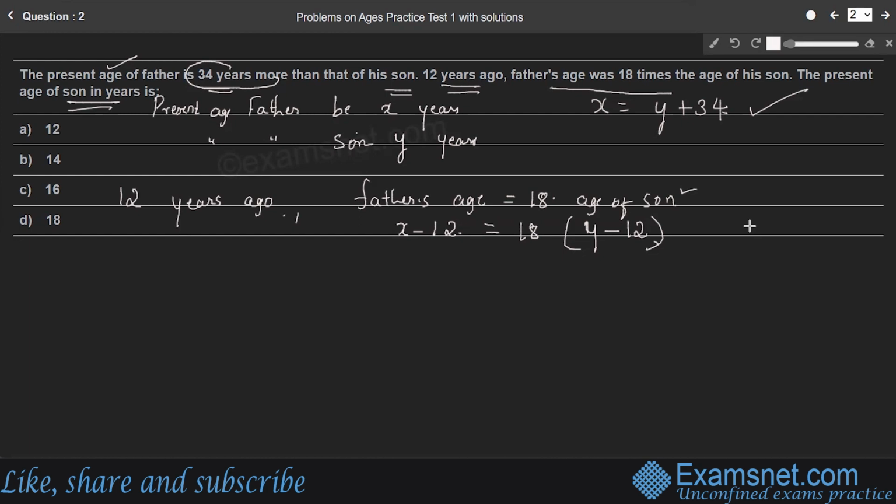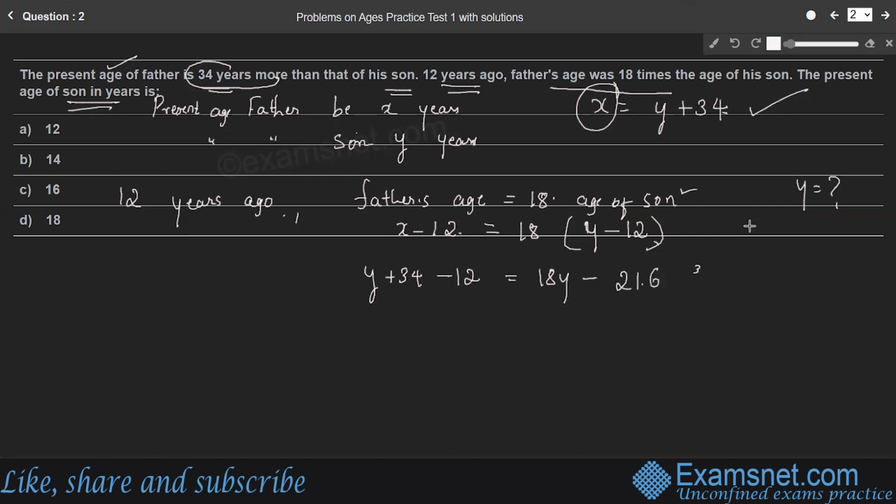Here we need the value of y, so let us express x in terms of y. x minus 12 becomes y plus 34 minus 12. So y plus 34 minus 12 is equal to 18y minus 18 into 12, which is 216.